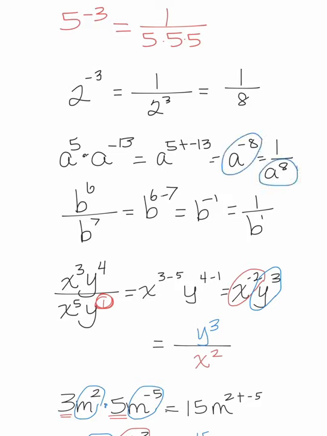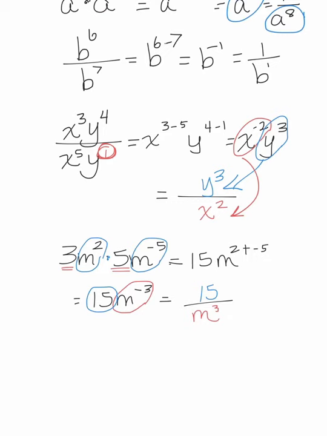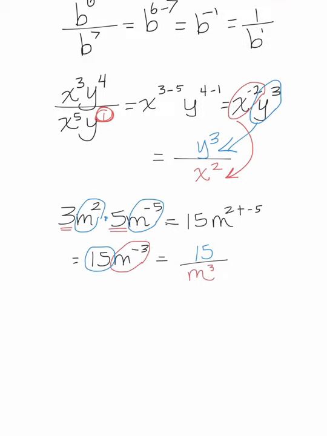The 8 to the 8 went to the bottom. There was nothing else there. The 1 goes on the top as a placeholder, okay? If you have 2 things, that's when you put the thing without the negative exponent on the top, okay? Or like on this one, that goes on the top because it's the positive. Has an invisible exponent of positive 1, so that goes on the top.